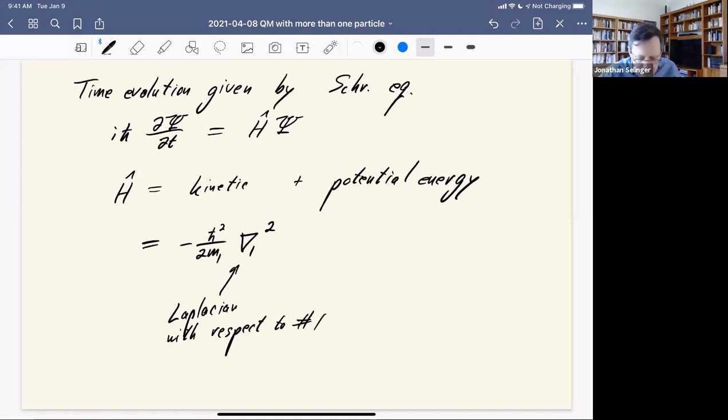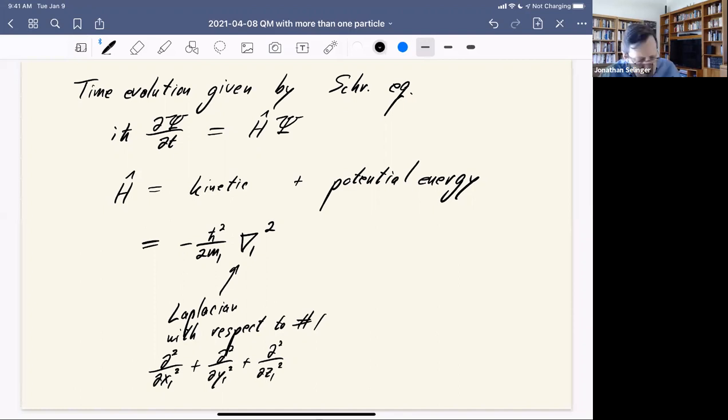And so that means the second partial derivative with respect to x1 plus the second partial derivative with respect to y1 plus the second partial derivative with respect to z1.